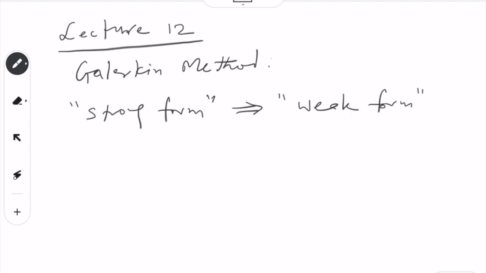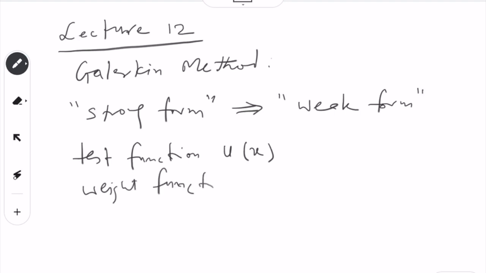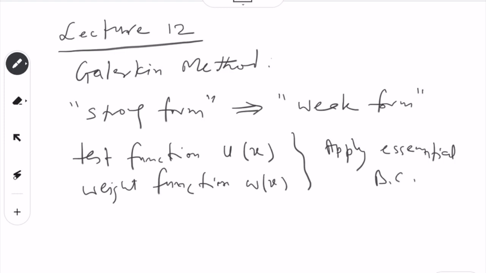Then we had a test function u(x) and a weight function w(x), and we applied the boundary condition, the essential boundary condition first, and then we obtained the approximate solution.